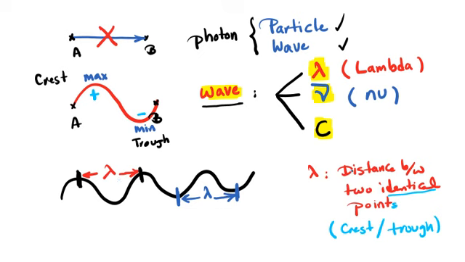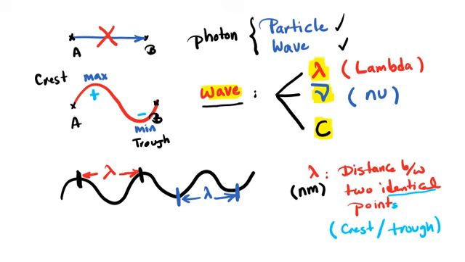Whenever we say distance, it means we are going to work on length. That is why we call it wavelength. Since this wavelength is going to be very short, we usually use nanometers to report the wavelength, or other small units to report lambda.